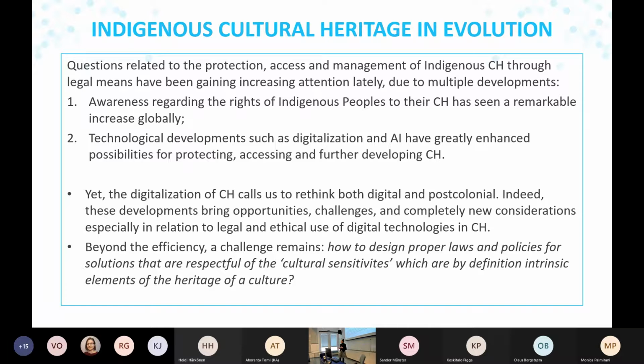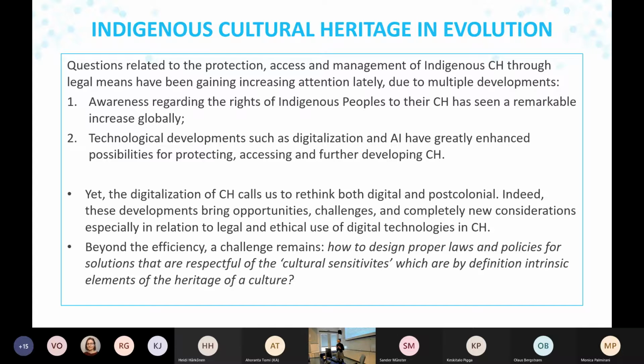I think we all know, at least here in Lapland, that indigenous cultural heritage has increasingly become important, in particular issues related to protection, access, and management of the rights related to it. There are different reasons why this topic has become mainstream, but we can mention a couple.